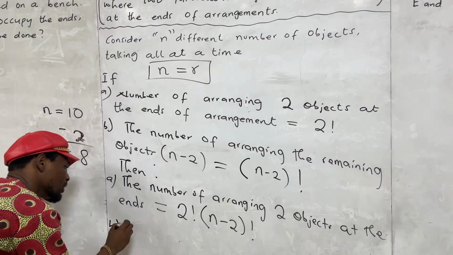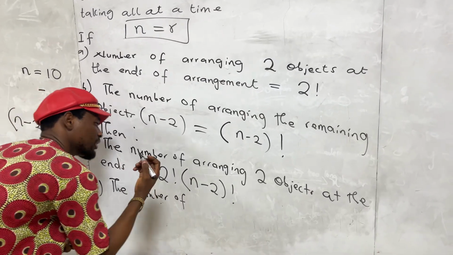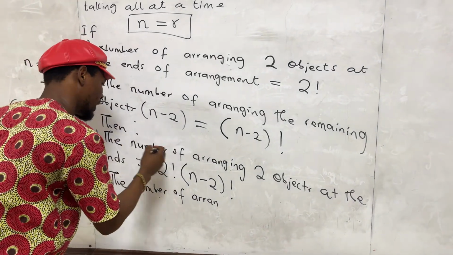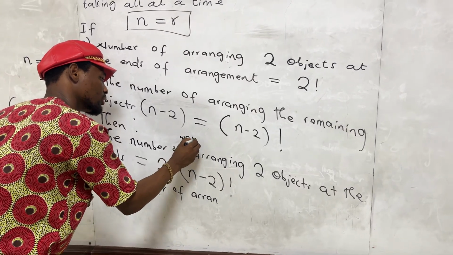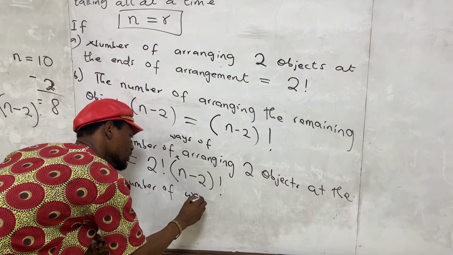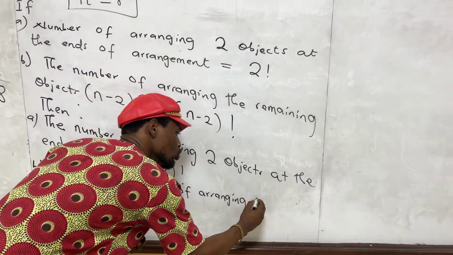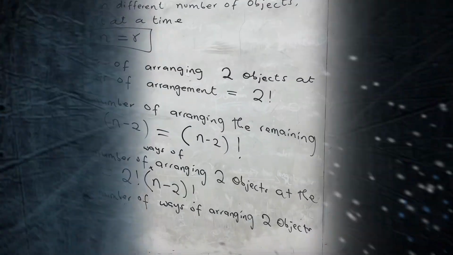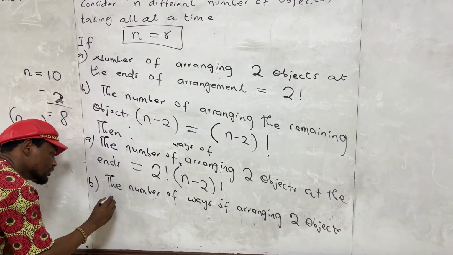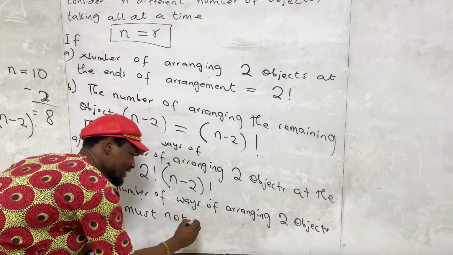Then B, they say what? The number of ways of arranging 2 objects that must not end.